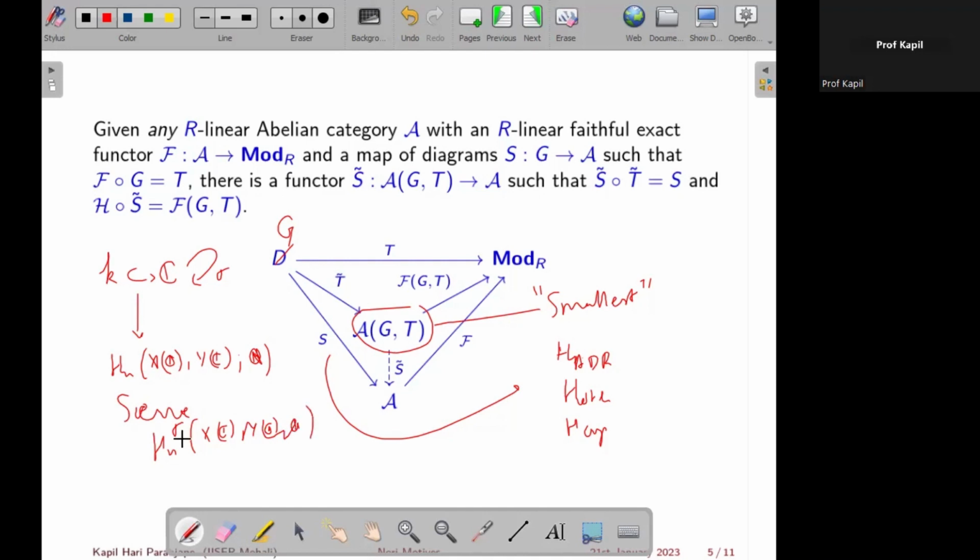And it's not clear how to make an isomorphism between these two. Of course, in the case of homology, these groups are actually isomorphic in the sense that they are of the same dimension. But there is no isomorphism naturally associated with sigma that we have. Okay. So there is a problem.